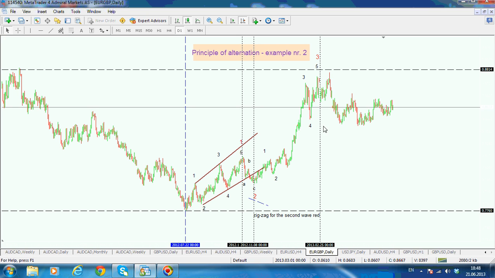Even at this moment, when you're looking at a possible fourth wave structure, you should take into consideration the principle of alternation. And first of all, you're looking at the price.